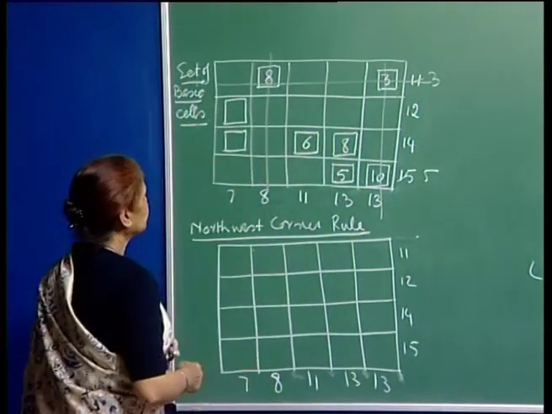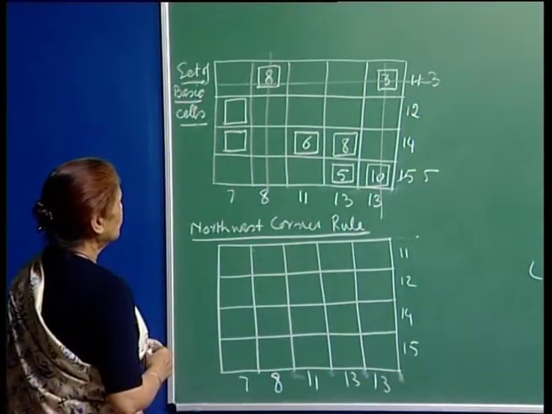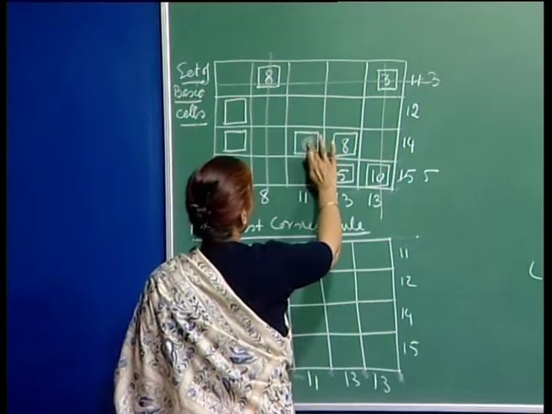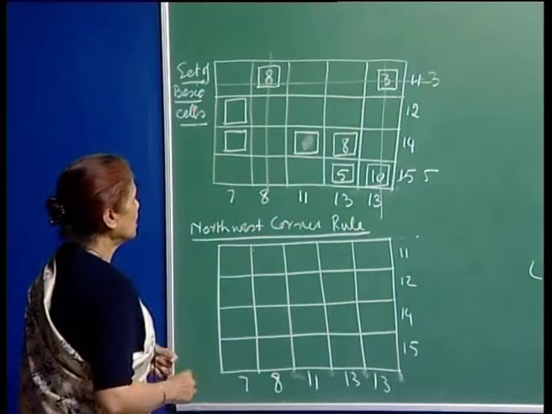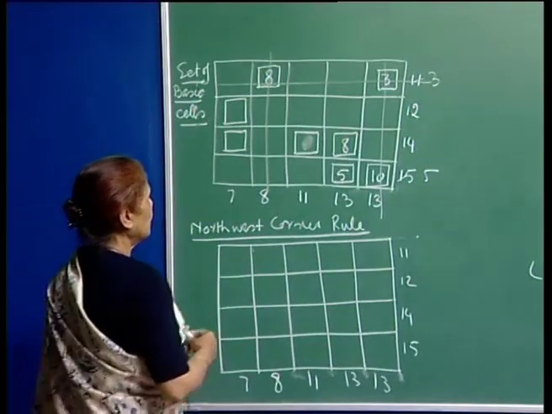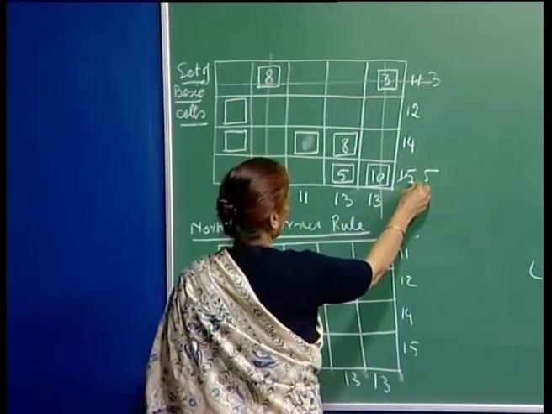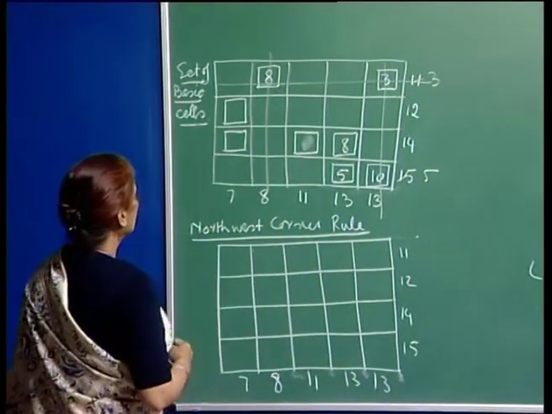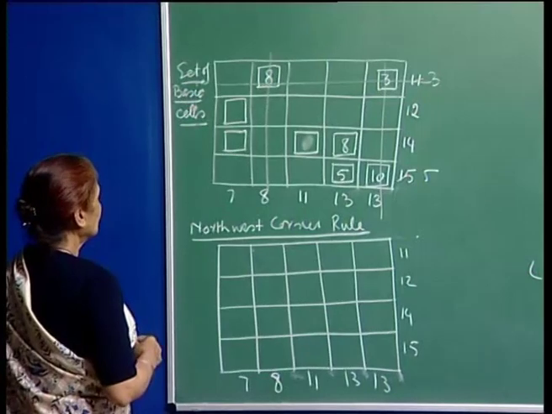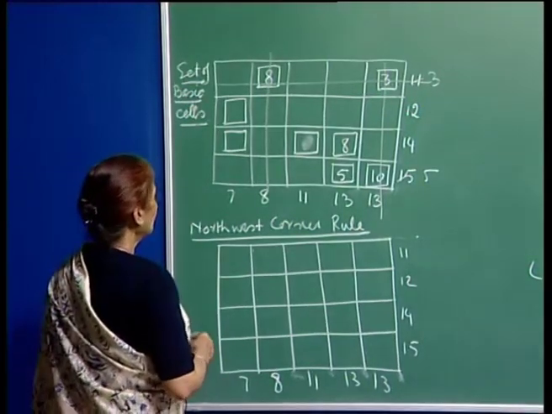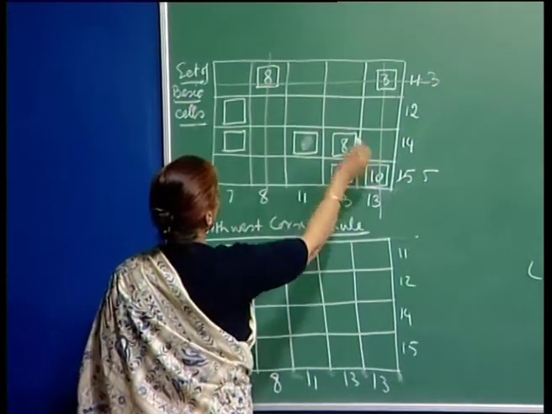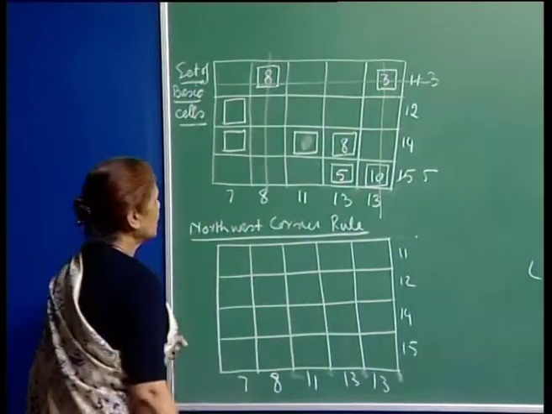Oh, okay. No, this is not helping me, so what is going wrong? If I make this here, then this has to be 8. So this is a set of basic cells.